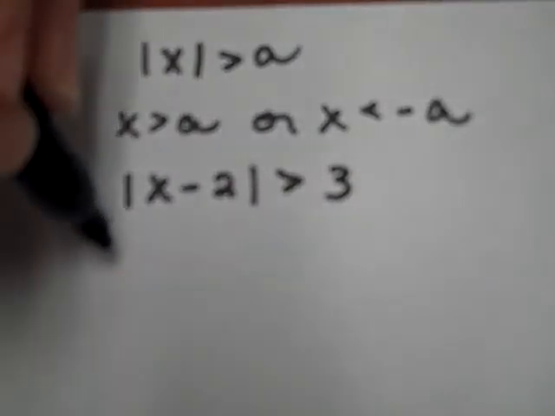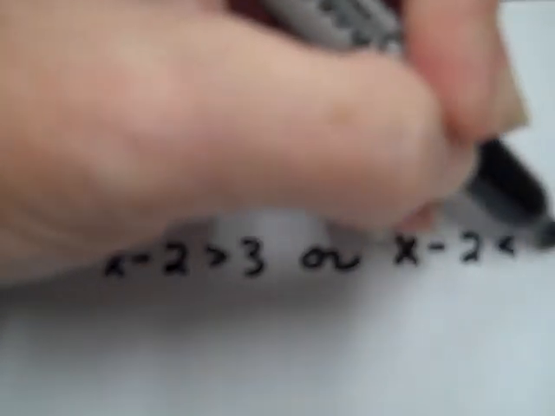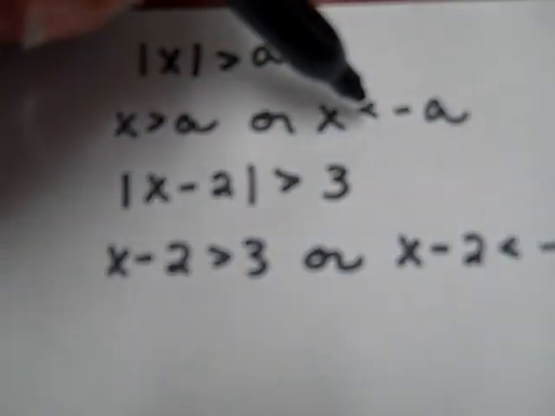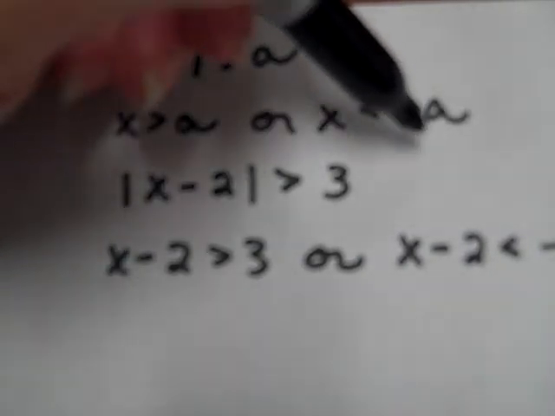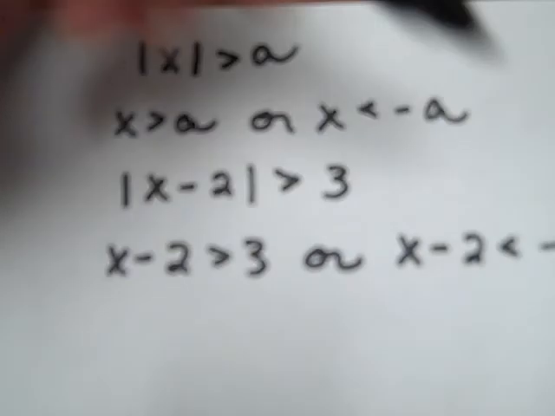So if we have the absolute value of x minus 2 is greater than 3, we need to solve x minus 2 is greater than 3, or x minus 2 is less than negative 3. So the inequality sign switches and we have a negative number.